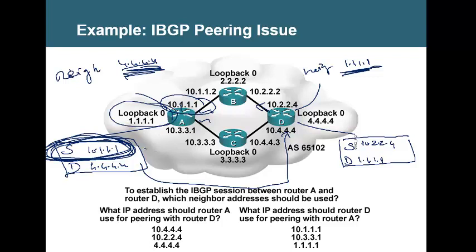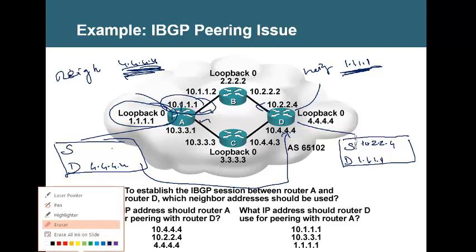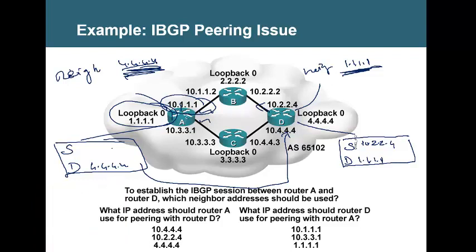So if I put some command in router A and tell BGP, let your source address be the address that is found in loopback 0, then the source address will be 1.1.1.1 instead of the exit interface address, instead of the egress interface address. So I have an option called the update source command.